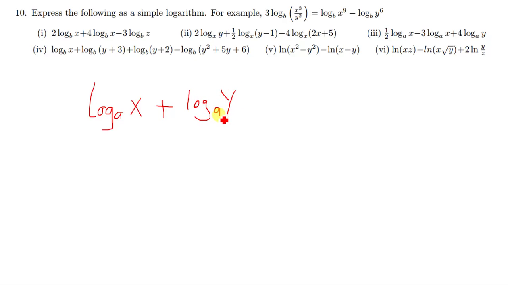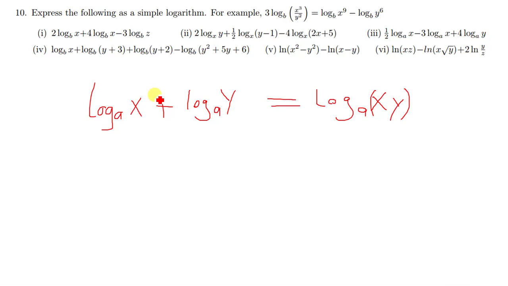Of course, the bases have to be the same. So when you're adding two logs, it means that you are going to multiply their functions. So you are going to have the log of xy base a.